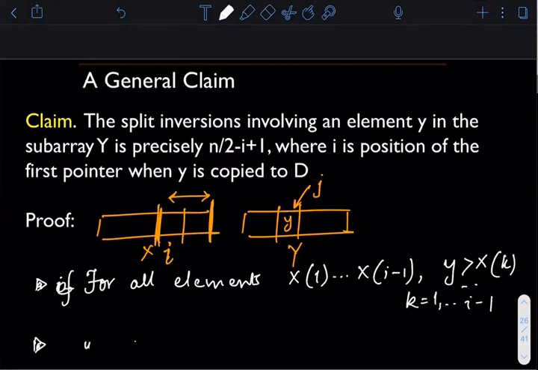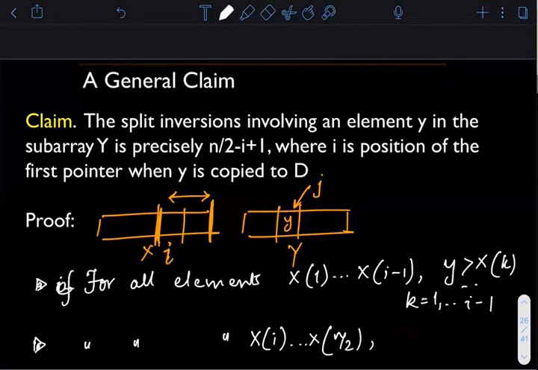Similarly, for all elements xi to x n/2, y is actually smaller than xk. Yes? And why is this the case? Well, I know that merge is going to place y in the output array, which means that y is smaller than the current xi.